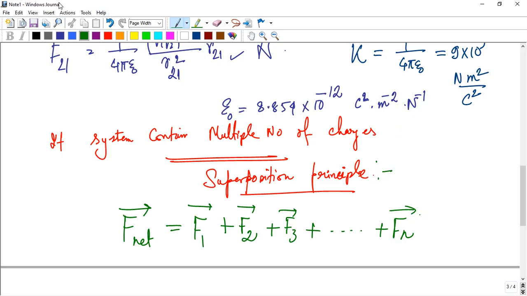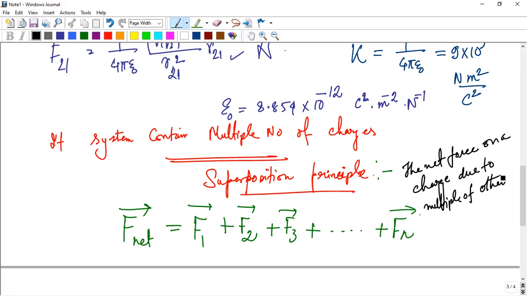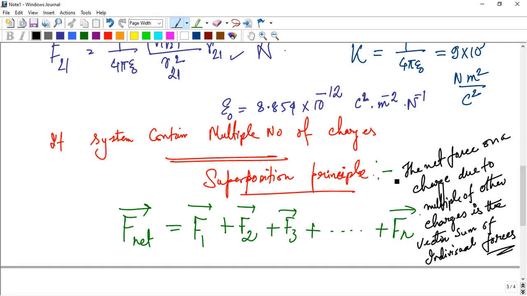I write it down here for the video, and if you are used to writing, then write: the net force on a charge due to multiple other charges is the vector sum of individual forces. That's the definition of the superposition principle.